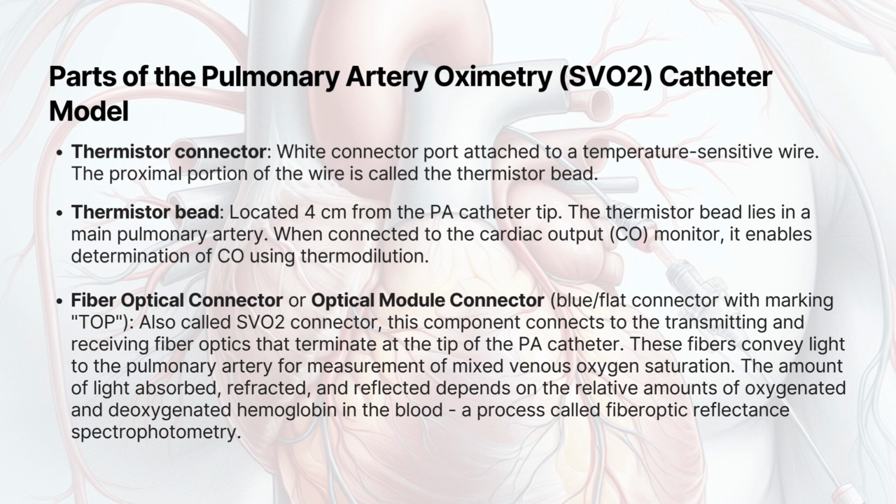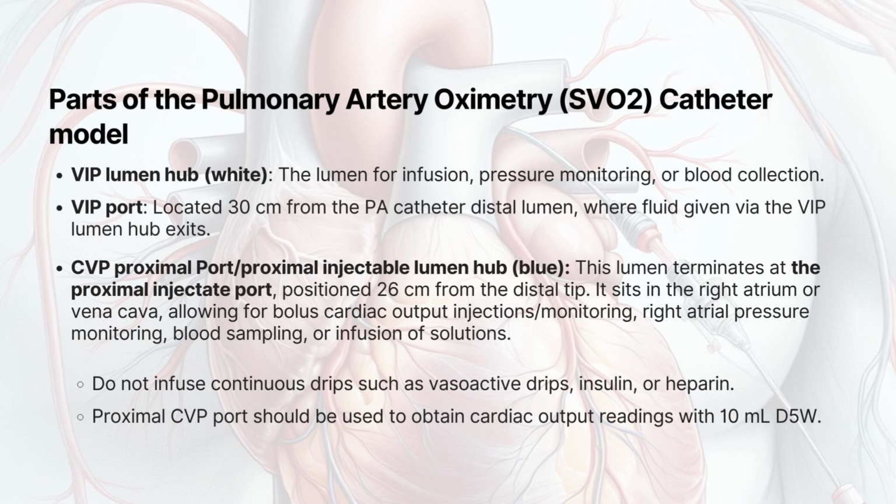The amount of light absorbed, refracted, and reflected depends on the relative amounts of oxygenated and deoxygenated hemoglobin in the blood, a process called fiber optic reflectance spectrophotometry. The VIP lumen hub, white, is the lumen for infusion, pressure monitoring, or blood collection.